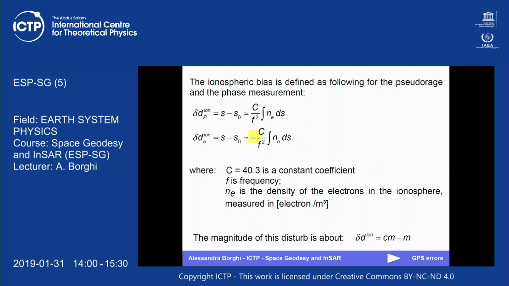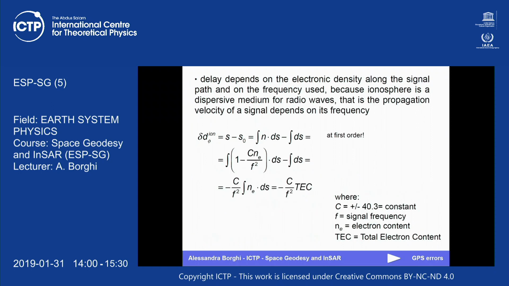So it's not easy to have this a priori information on the electron content. Okay, the magnitude of this disturbance is of the order of some centimeters to some meters. This is how I obtained the formula that we have seen before. It is important that this approximation is true at the first order.